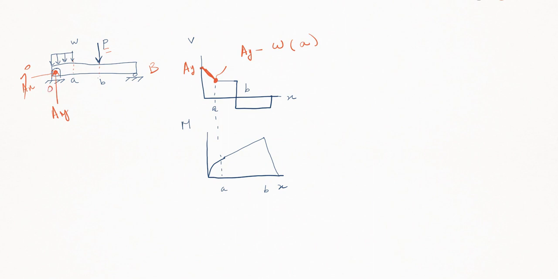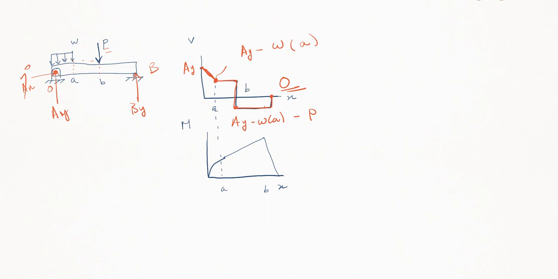So W times A. And then we don't have any forces here. So then we have a straight line here. Now at point B, we have a drop down by P. So this force here is going to be AY minus W times A minus P. Then we don't have any extra forces. Then actually here we have a reaction BY. And then it's going to go up by BY. And this always ends at 0. Otherwise, we would not have equilibrium.